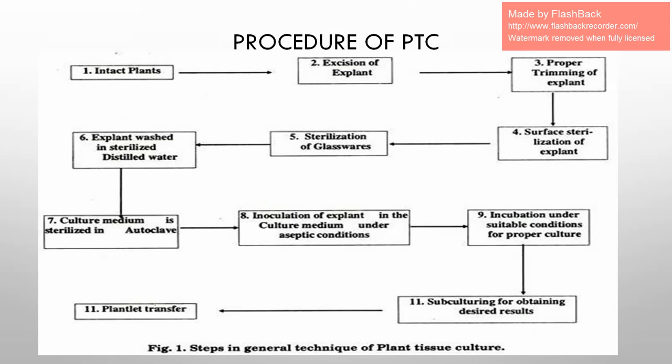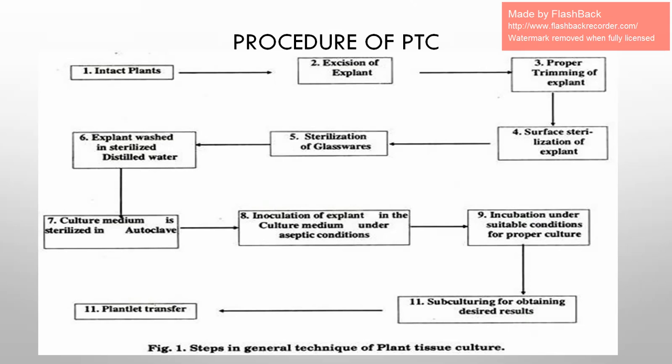After transferring this callus or plantlet onto suitable MS media, after a few weeks we will get the entire plantlet, and these plantlets are ready for hardening. Hardening means acclimatization. So let us see what acclimatization is.